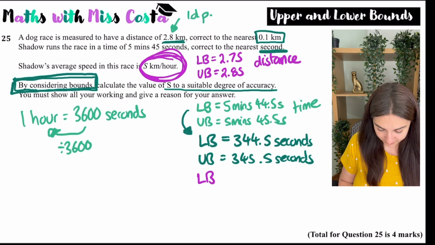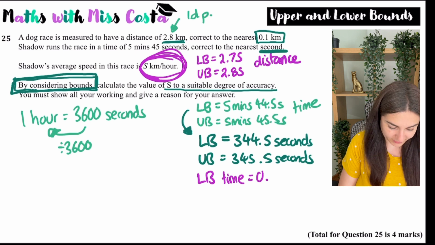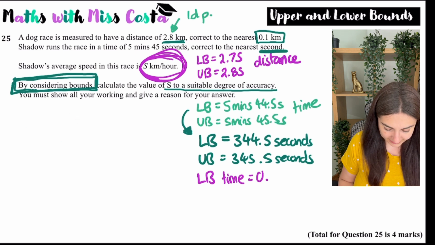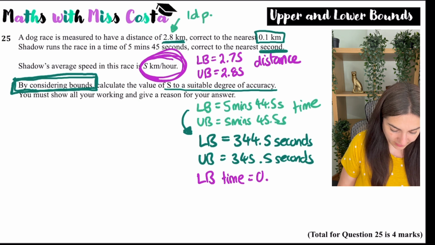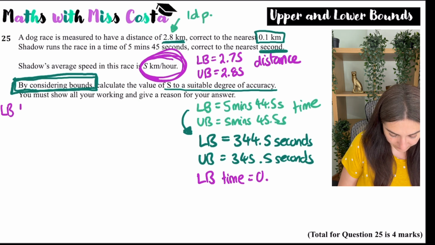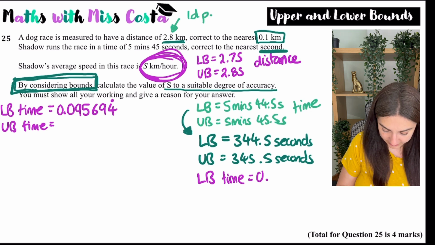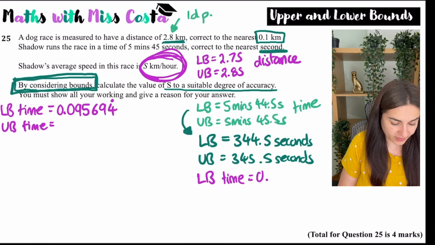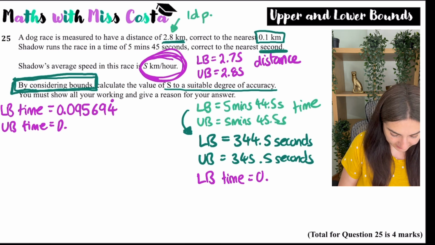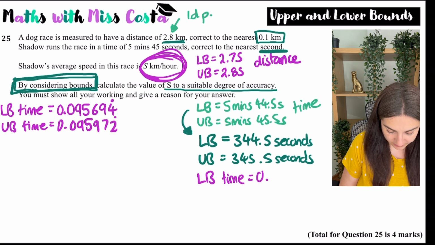So the lower bound of time is 0.095694 recurring. Actually, I'm just going to write it up here because it's long. The upper bound of time is going to be 345.5 divided by 3,600, which is 0.095972 recurring.